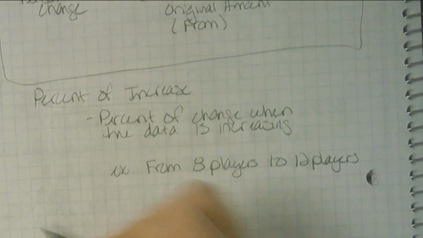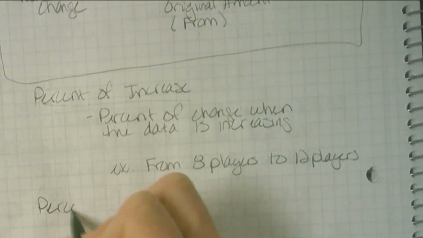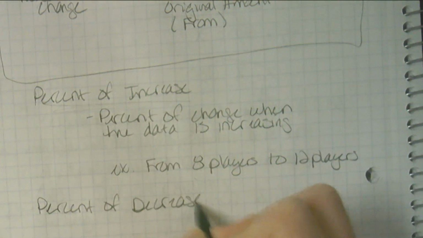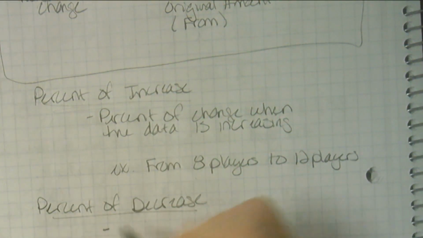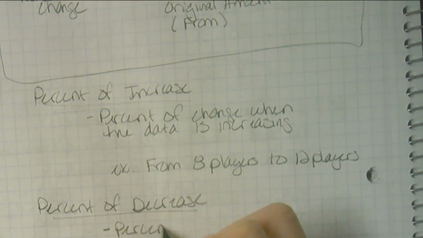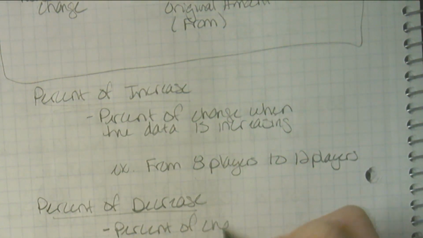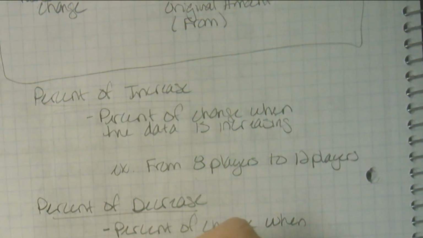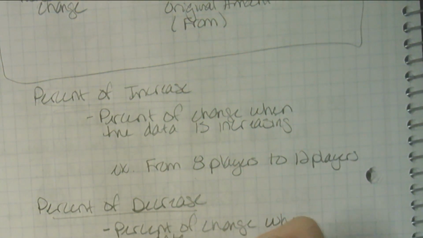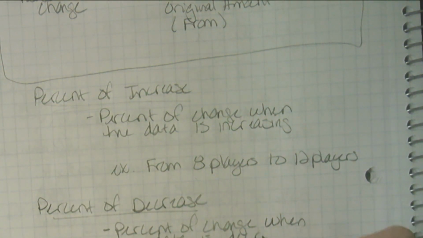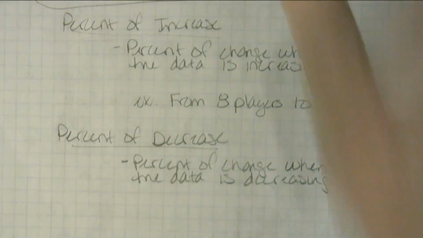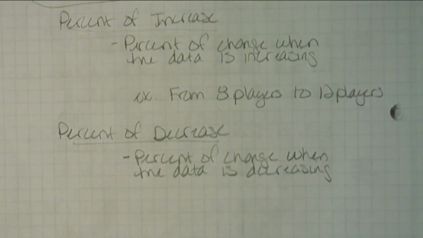Conversely, percent of decrease, when they ask for that, it is also percent of change, but that is percent of change when the data is decreasing. The formula doesn't change. You're using the same formula one way or the other. The difference is just what the data is doing.